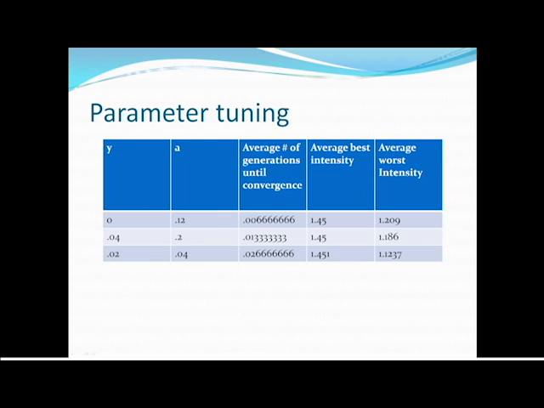So as I said, the middle one seems to have the best results, most reliable. It doesn't lose the target as often as the others do. Just the best overall parameters of our experiment.